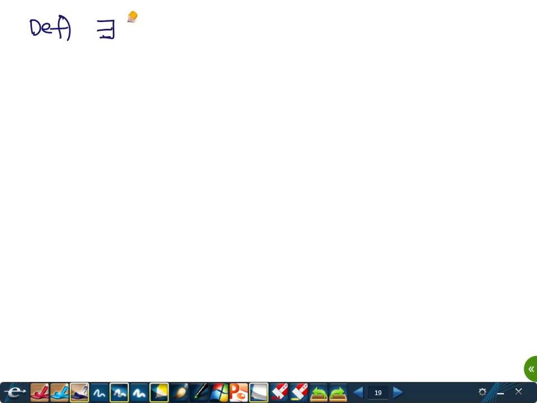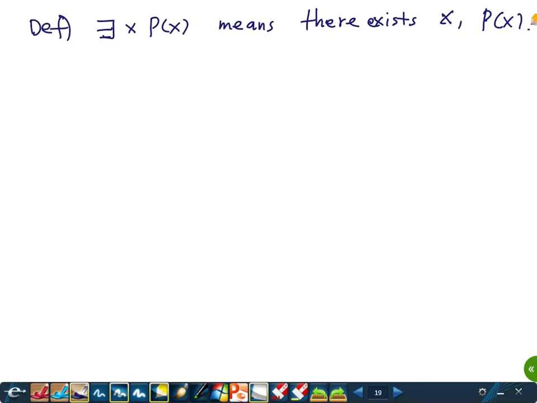This backwards E means there exists x such that p of x. So this is the notation for there exists x such that p of x. This is true.